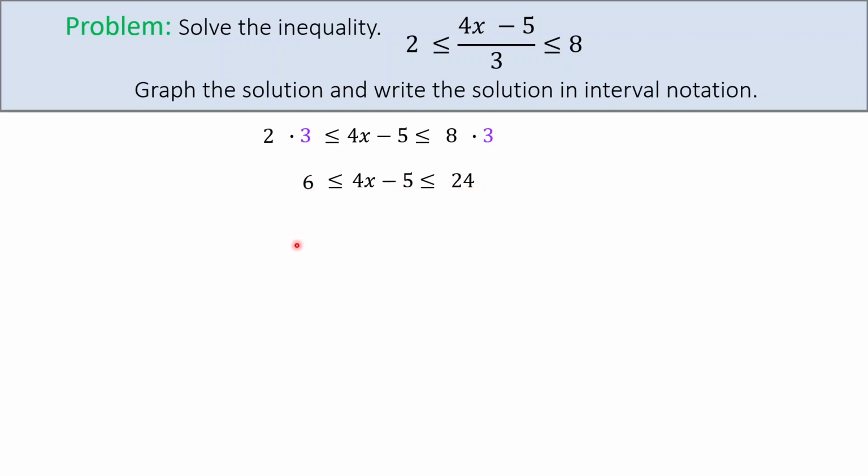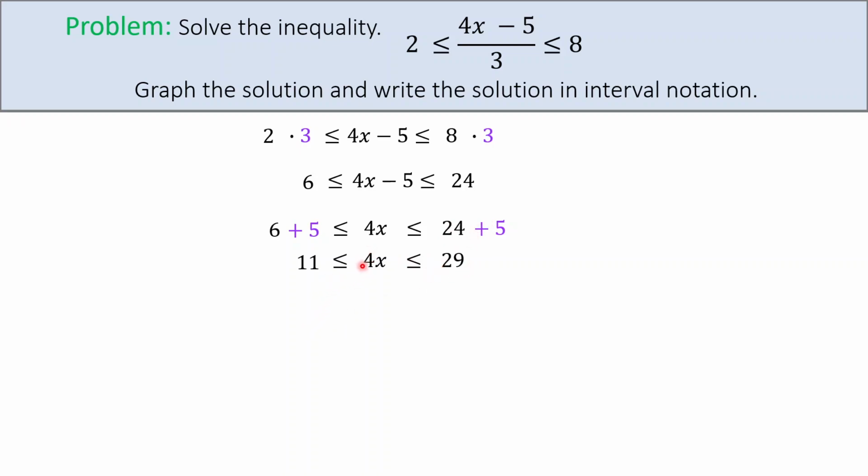So you get 6 plus 5, less than or equal 4x, less than or equal 24 plus 5. 6 plus 5 is 11, less than or equal 4x, less than or equal 24 plus 5 is 29.